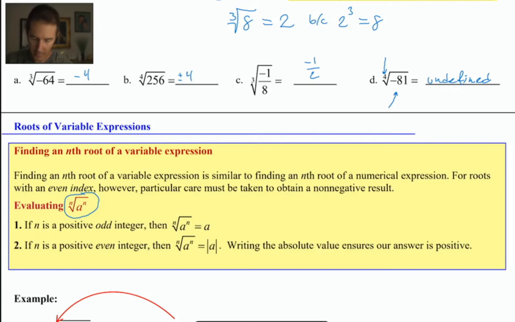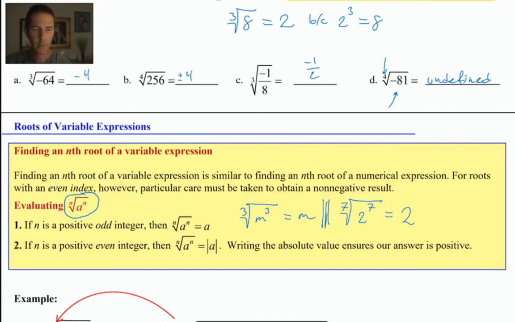So if we had the third root of m to the third, the answer would be m. Or if we had the seventh root of 2 to the 7th, the answer would be 2. Okay, I can get behind that.